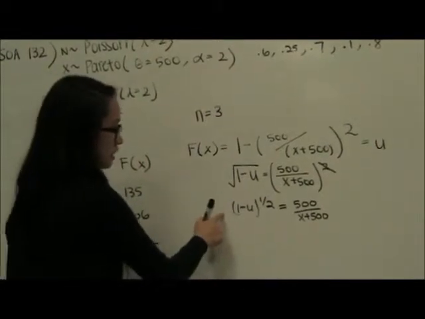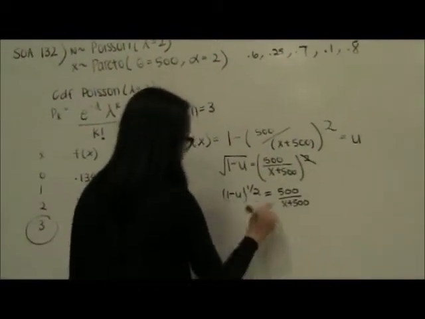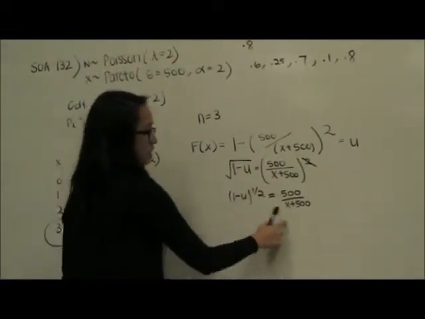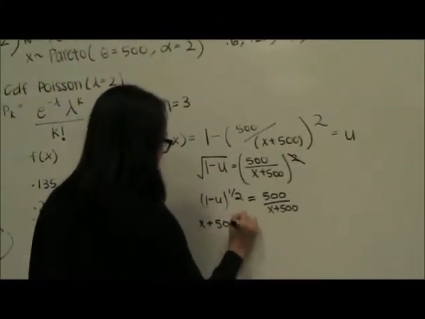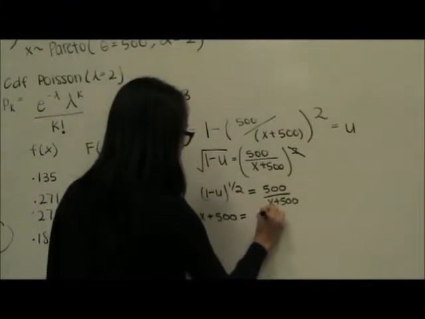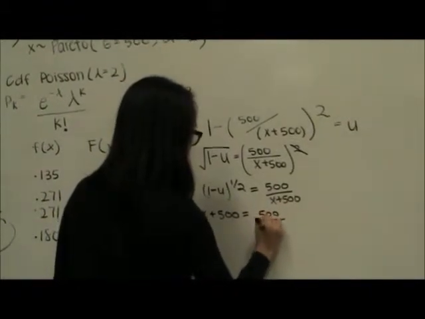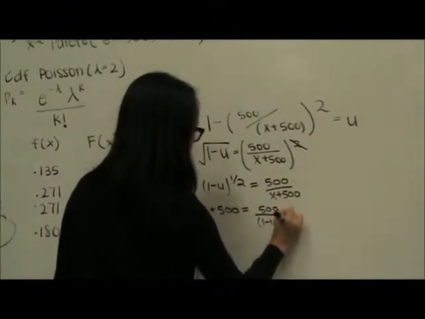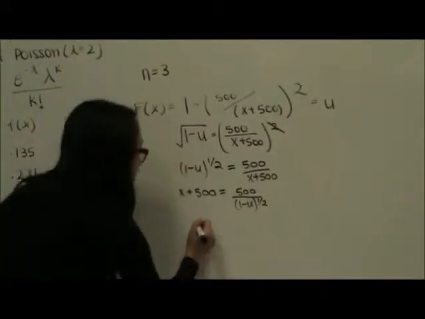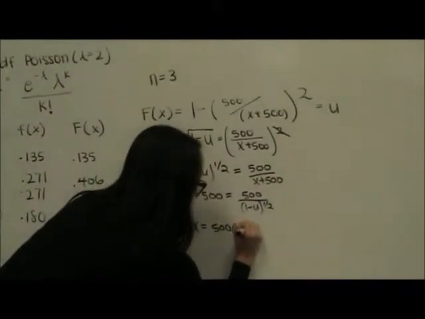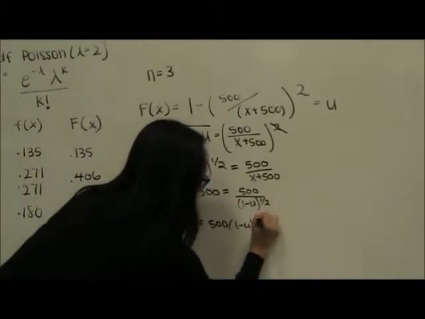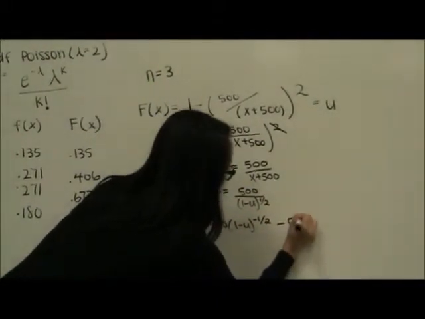Multiplying this to this side and dividing this to this side, you get x plus 500 is equal to 500 divided by 1 minus u to the 1/2. And solving for x again, x is equal to 500 times 1 minus u to the negative 1/2 power minus 500.